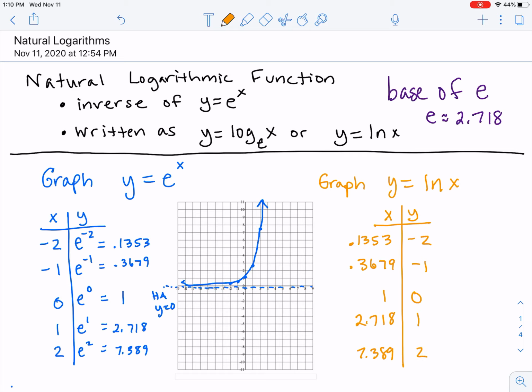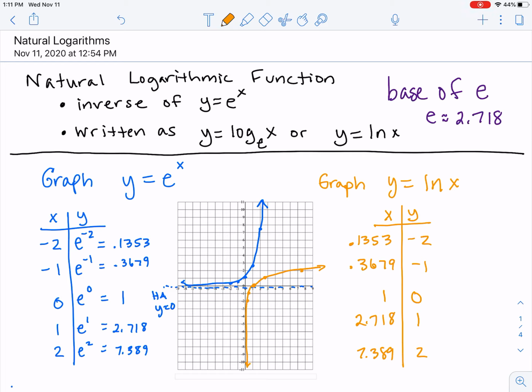So let's graph that. I have (0.1353, -2), (0.3679, -1), (1, 0), (2.718, 1), and (7.389, 2). Okay, let me do my best to graph that.